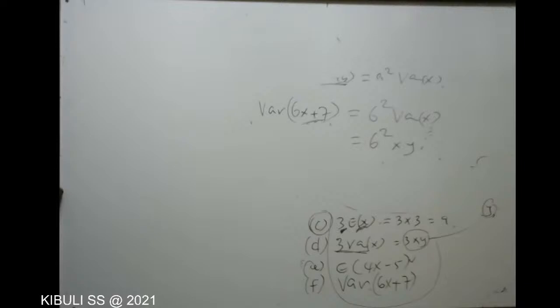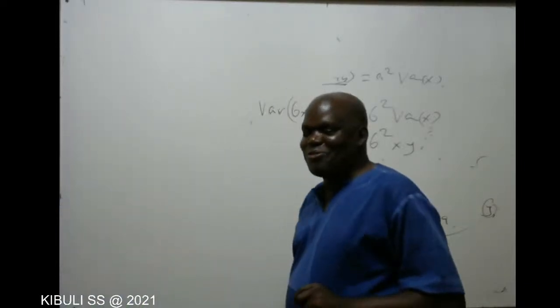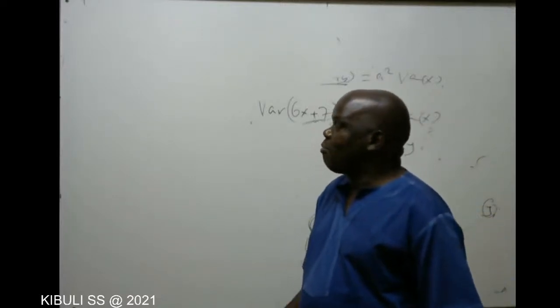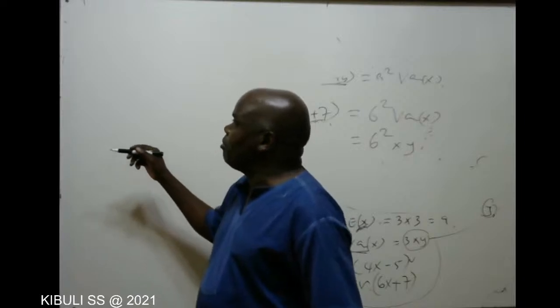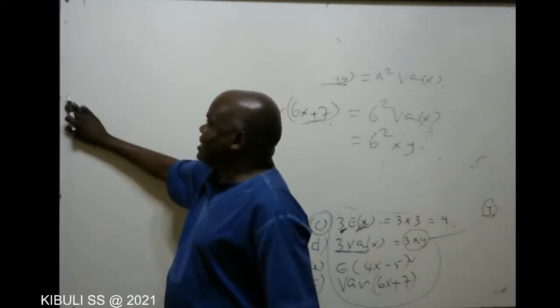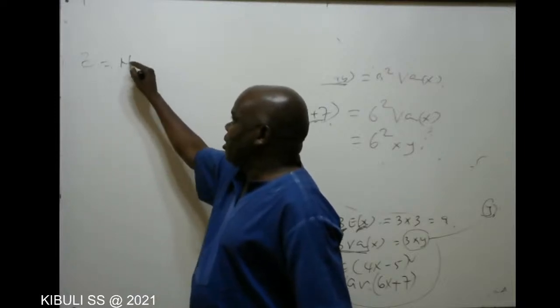If we have a coin tossed and our probability distribution, this time we call it probability distribution Z, the number of heads.